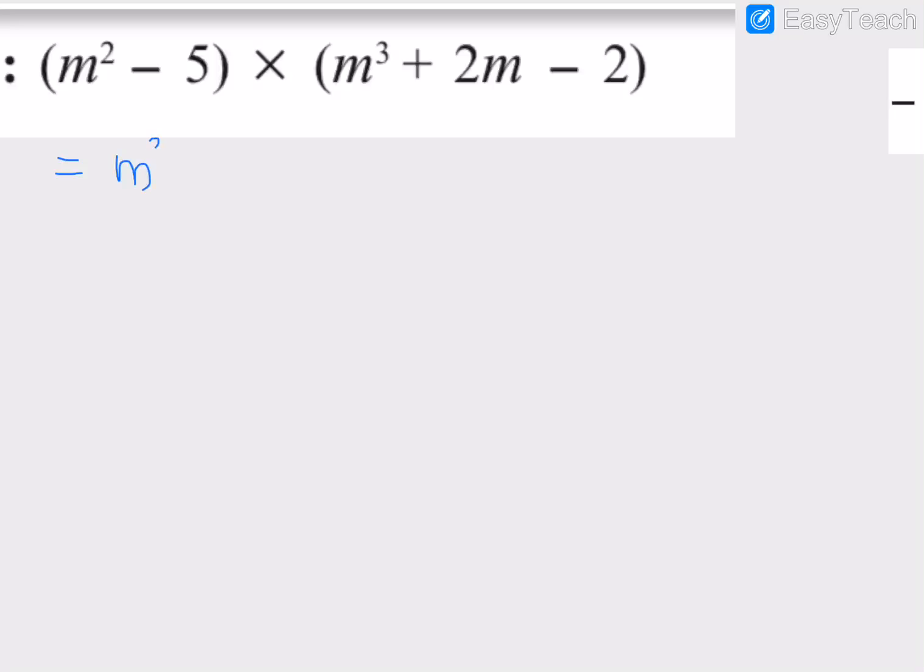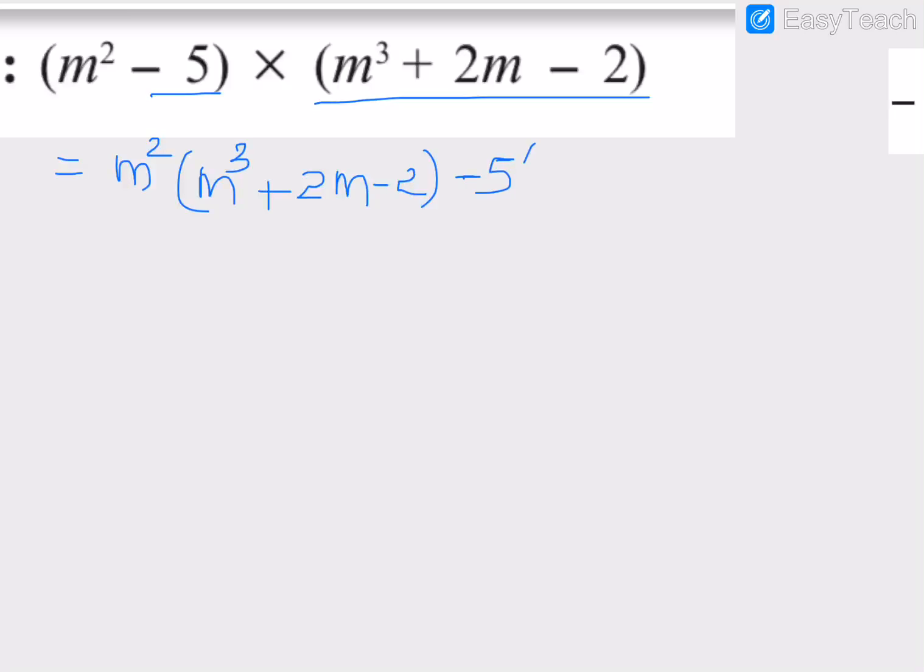So equal to m square into m cube plus 2m minus 2. Now the second polynomial, minus 5, we will multiply all the terms in the second polynomial with the minus 5. Minus 5 into m cube plus 2m minus 2.